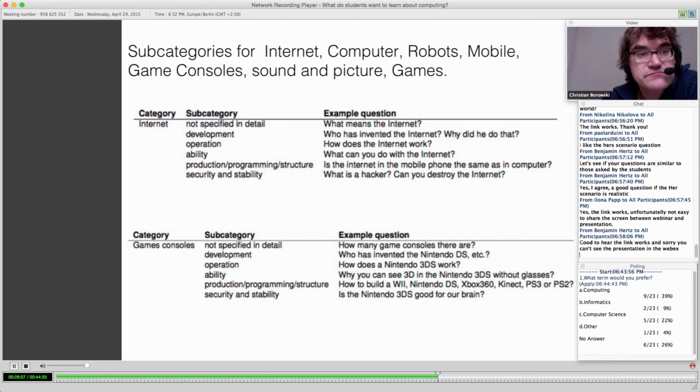Okay, here are the categories and some subcategories and some example questions, so that you can know what we mean with the category. Internet as a non-specified and detailed question was: what means internet. Then we have development questions. Who has invented the internet? Why did he do that? It's very interesting.